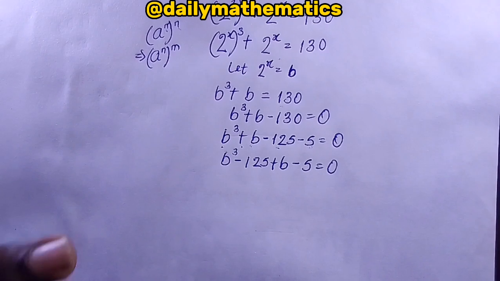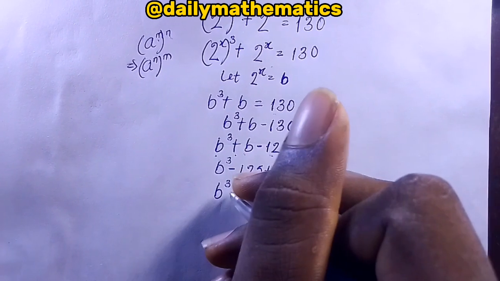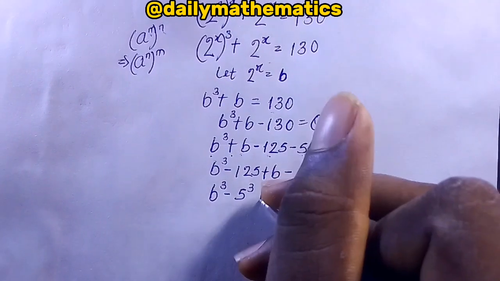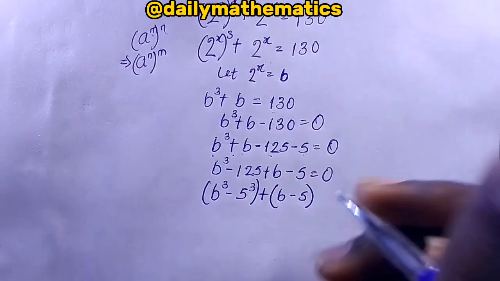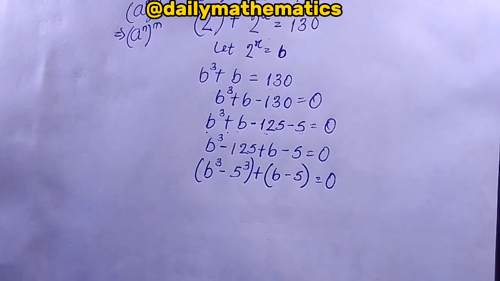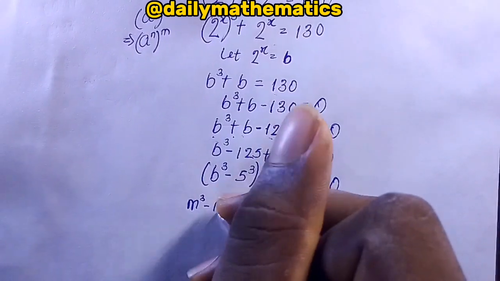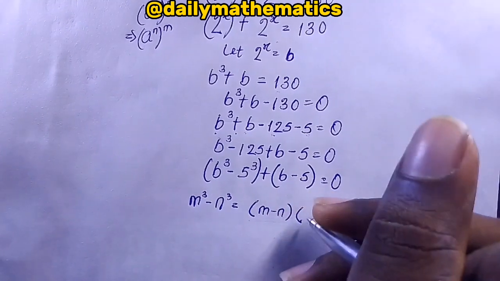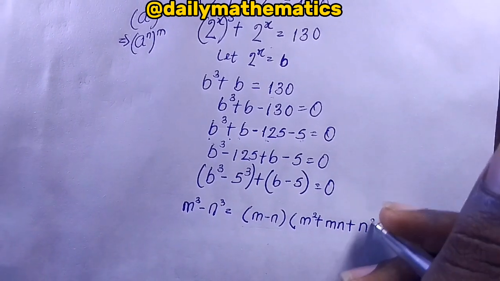So what's the next thing to do? We can see b raised to the power of 3 minus 125 is b cubed minus 5 cubed, plus b minus 5, which we can bracket, equals 0. We know that m cubed minus n cubed equals (m minus n)(m squared plus mn plus n squared).